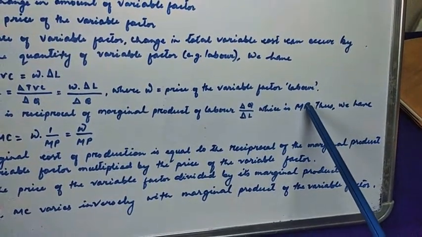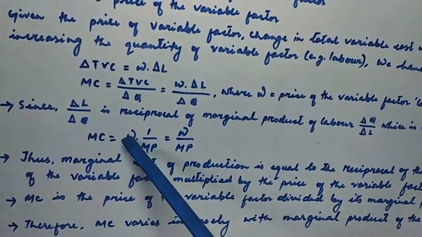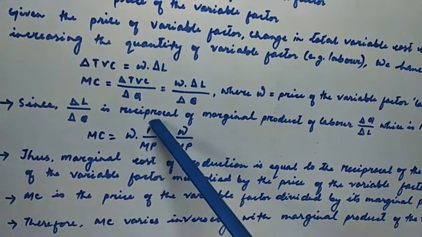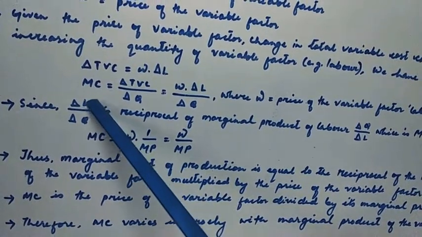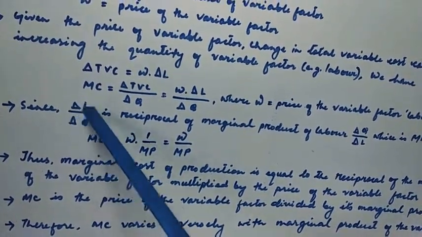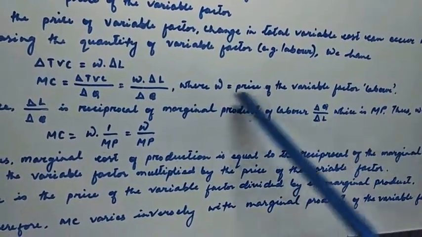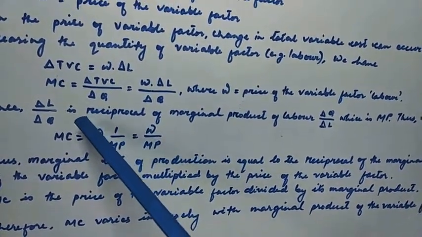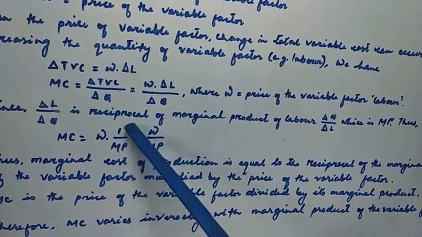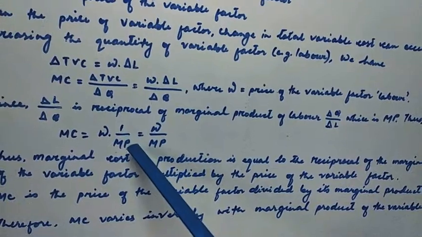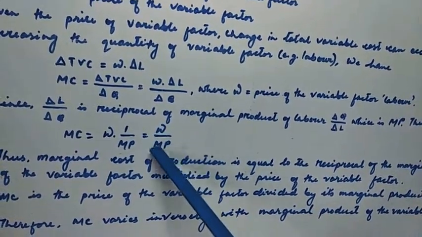Substituting that value, we have marginal cost equals small w into the reciprocal of marginal product. Since delta L divided by delta Q is the reciprocal of marginal product, we represent this value by 1 over MP, so that it becomes small w divided by MP.